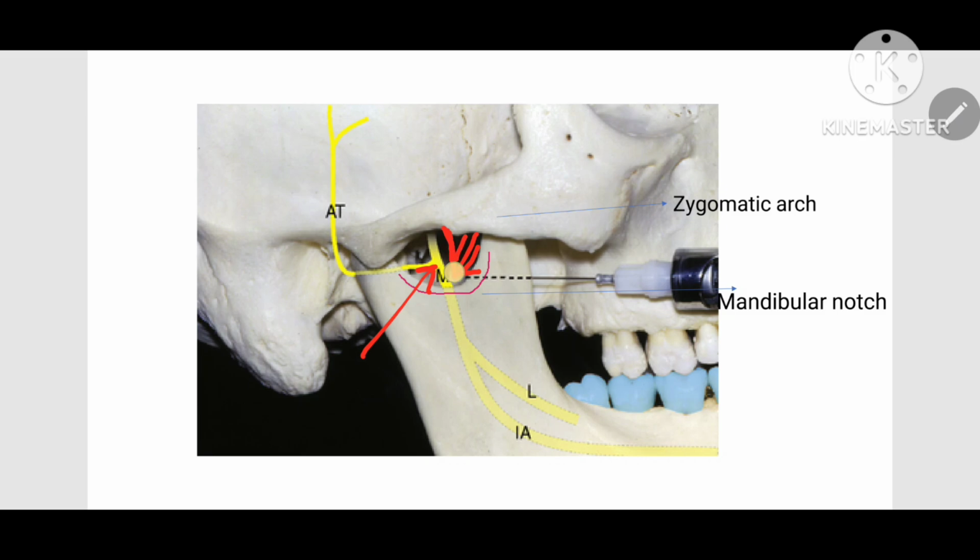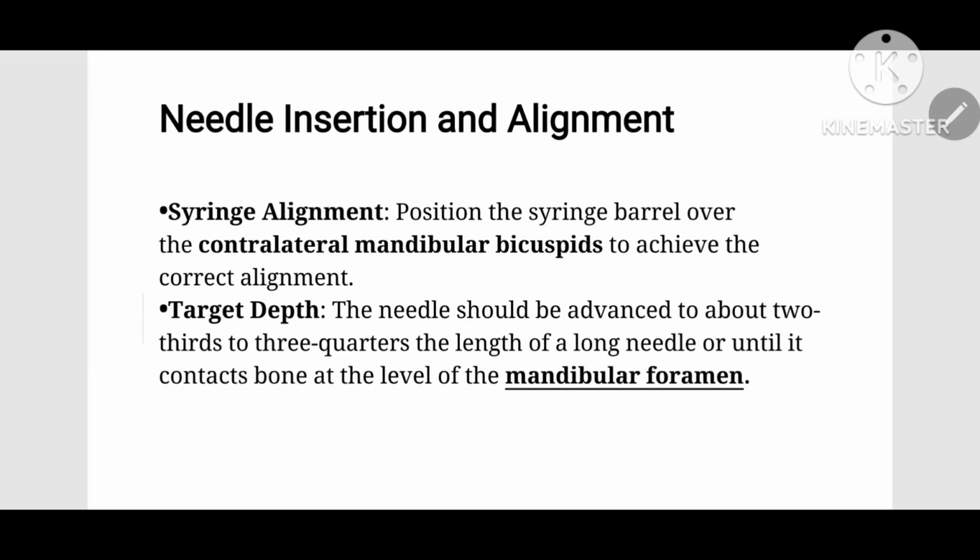Behind the lateral pterygoid plate this nerve lies. It passes down and enters this space where it becomes the inferior alveolar nerve. So when we go inside, we hit this lateral pterygoid plate. So our entry should be at a right angle to the skin surface.